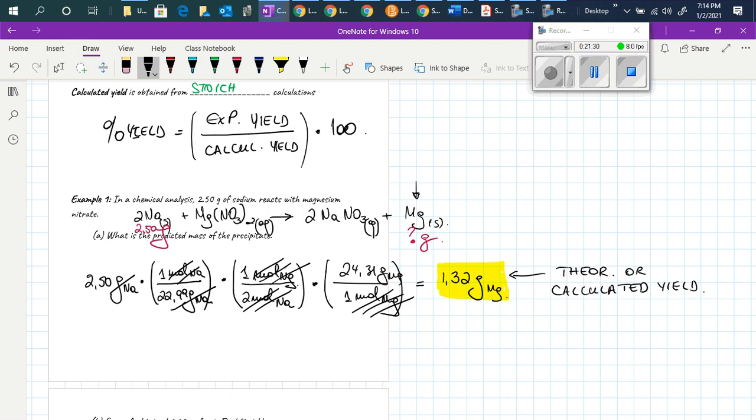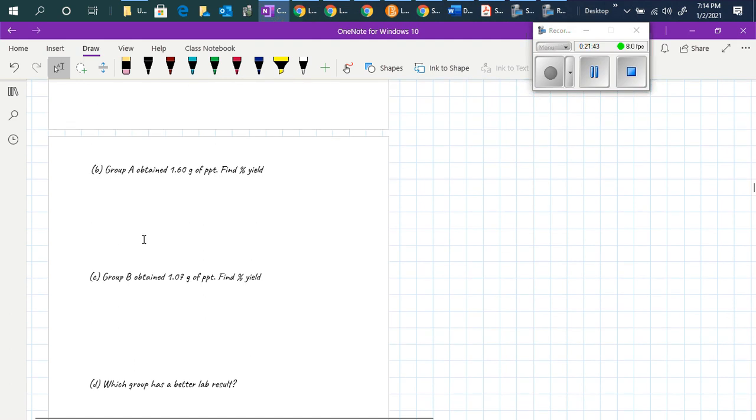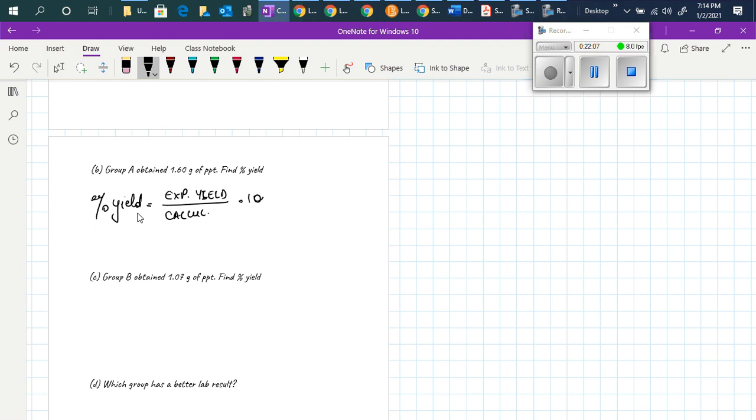Okay. Now, group A obtained 160 grams of precipitate. Find the percent yield. Okay, so percent yield will be experimental value over calculated, times 100.